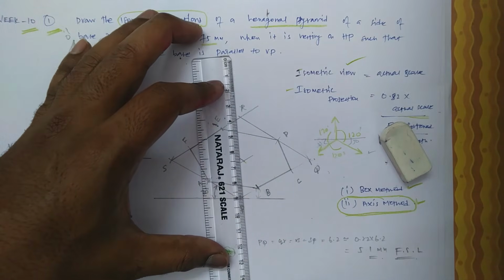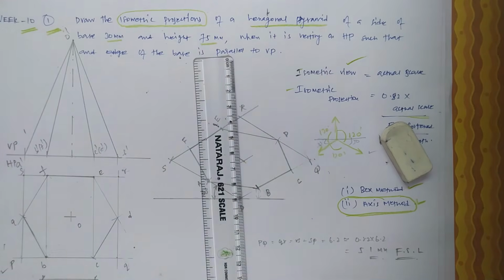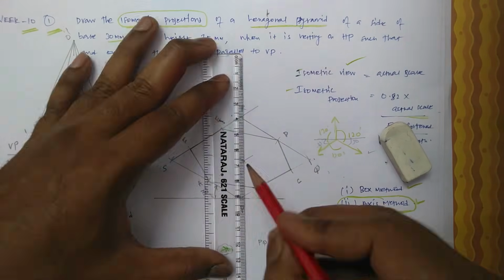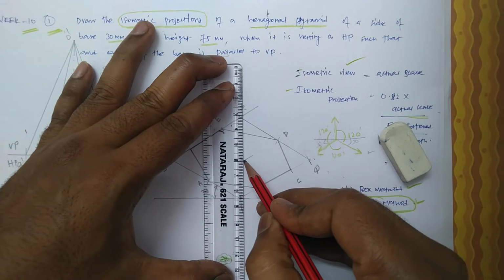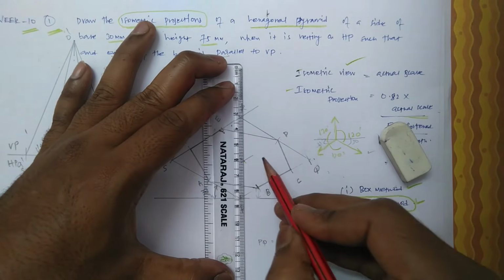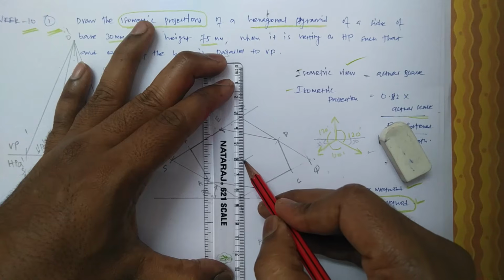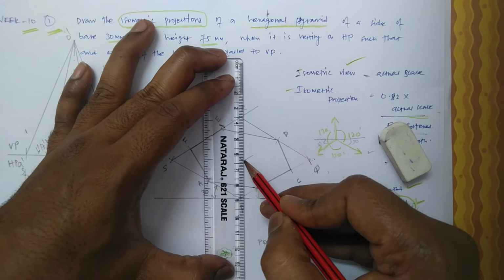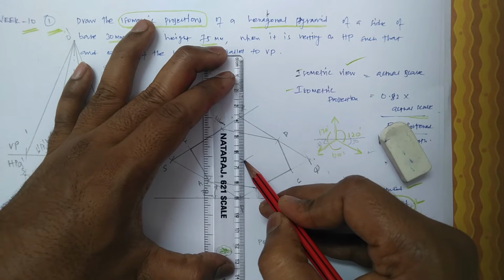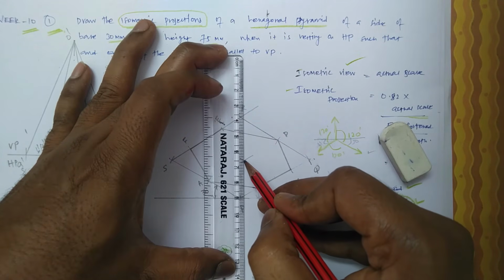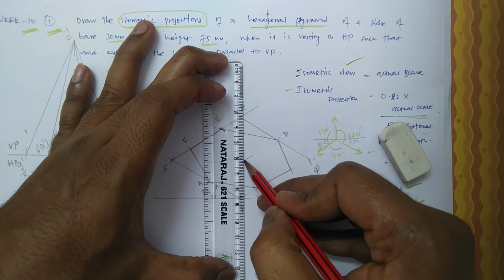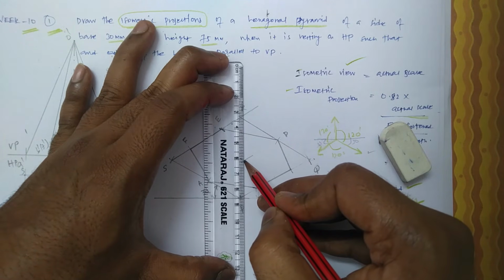Let me erect a vertical line for the axis, 61.5 mm.